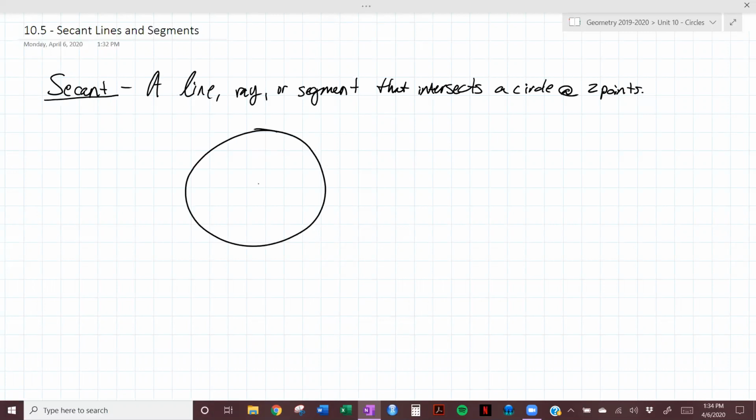Okay, we have our center E. Okay, and then we have a segment. There we go. And here is point A. Here is point C. And then we have an additional segment. There's a point there.